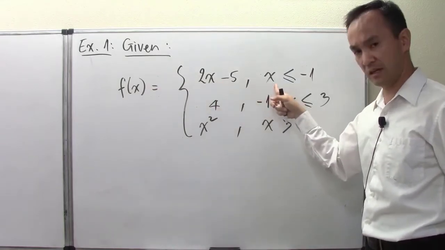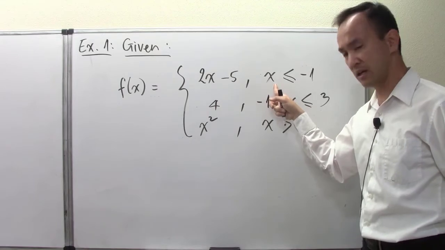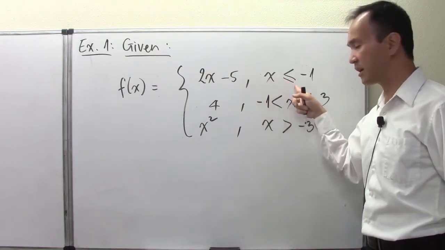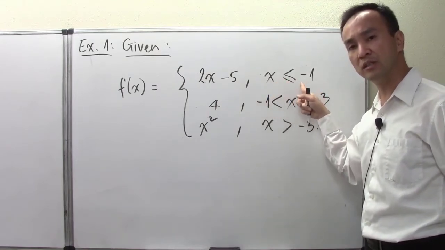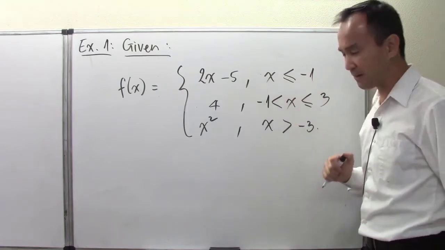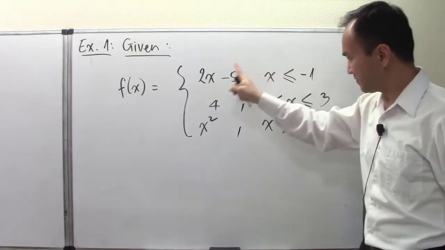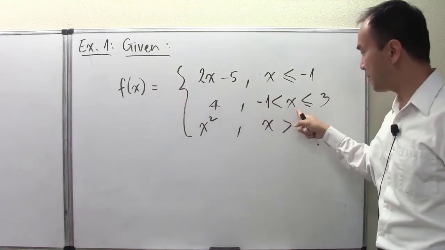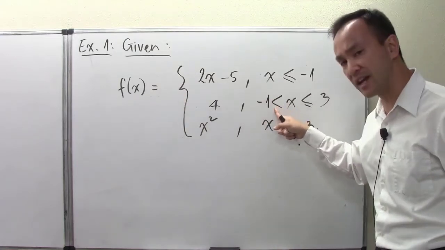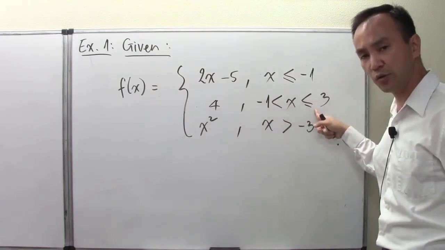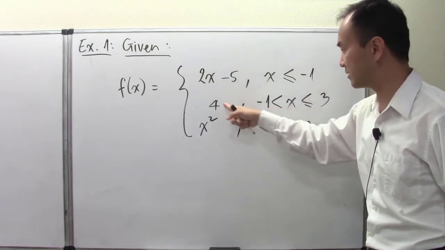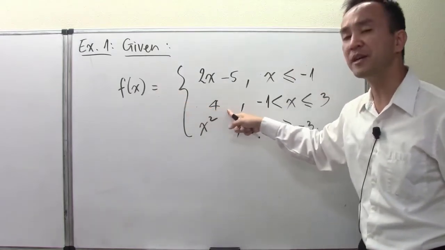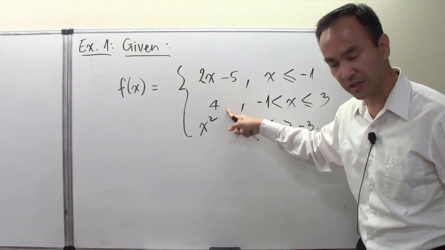The output of this function will be evaluated based on this rule if we're given an input that's less than or equal to negative 1. And then when we switch to an input that's greater than negative 1 and less than or equal to 3, the function output will be determined by this particular rule.